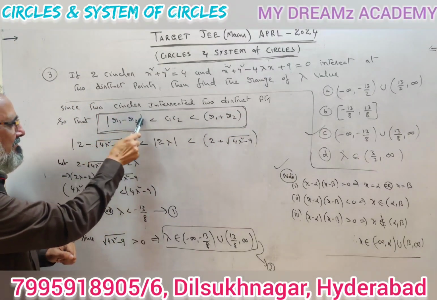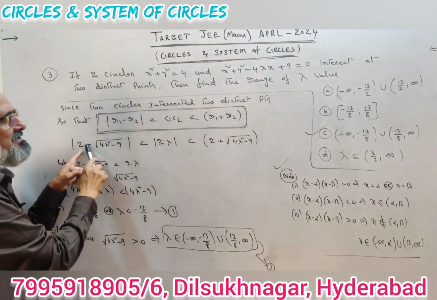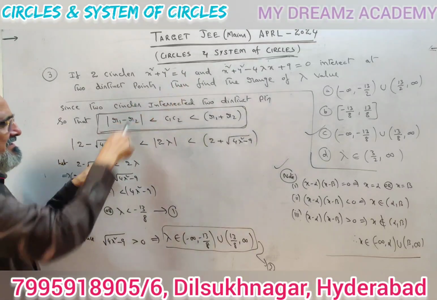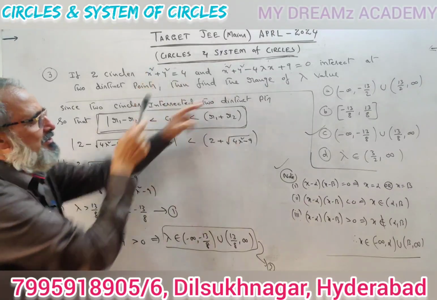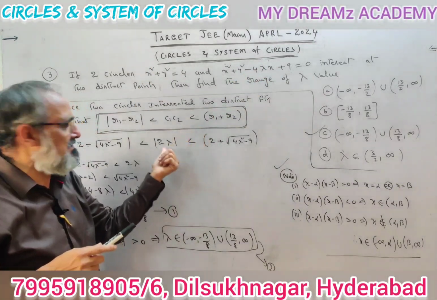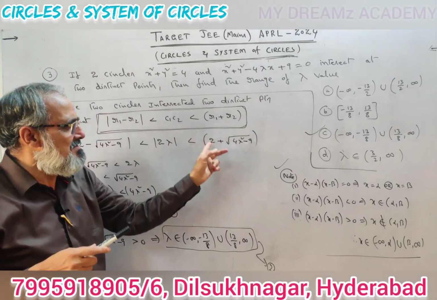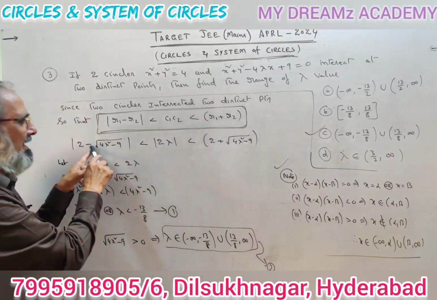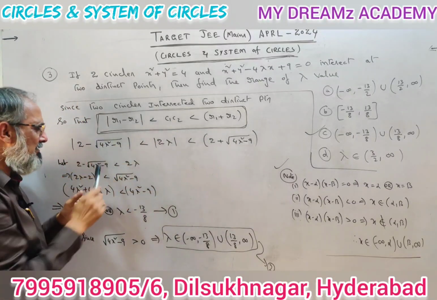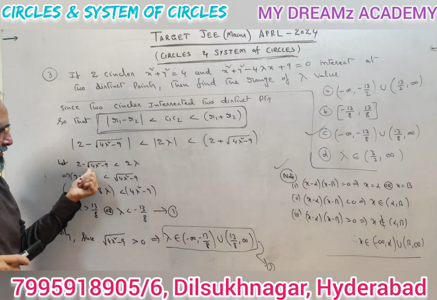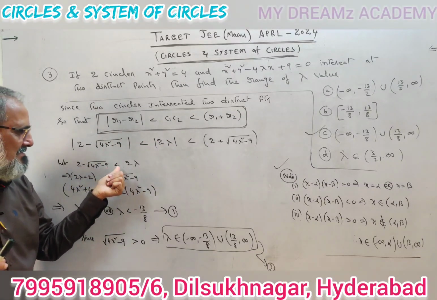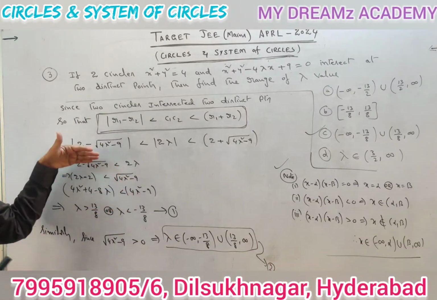R1 is the radius of the first circle, R2 is the radius of the second circle. R1 minus R2 is less than the distance between the centers (0, 0) to (2 lambda, 0), that comes as 2 lambda, which is less than the sum of these two, only the minus becomes plus here. Then take the first 2 as one unit, 2 minus root of 4 lambda squared minus 9 is less than 2 lambda.